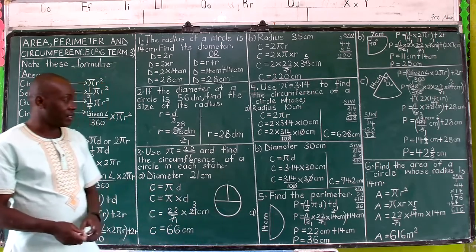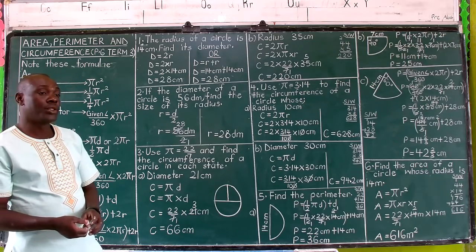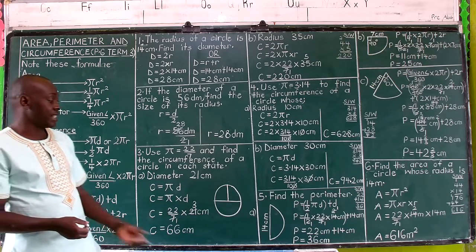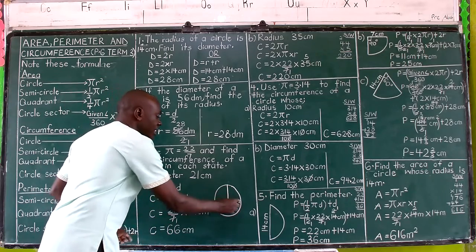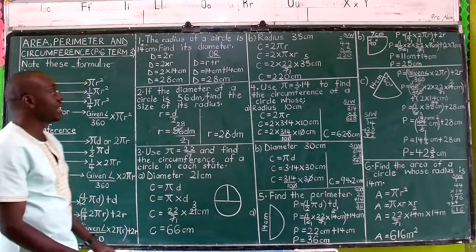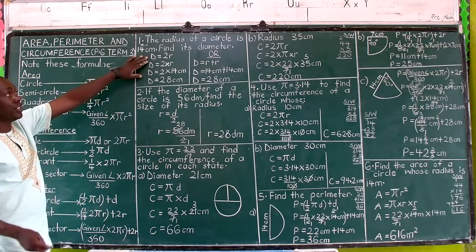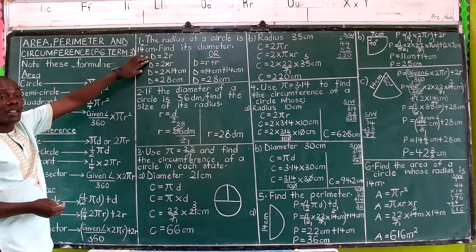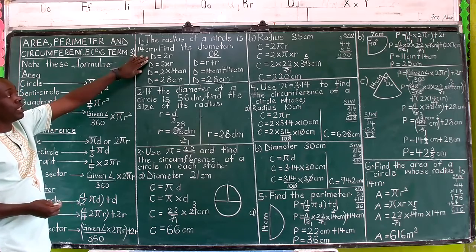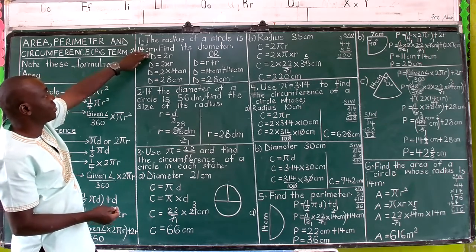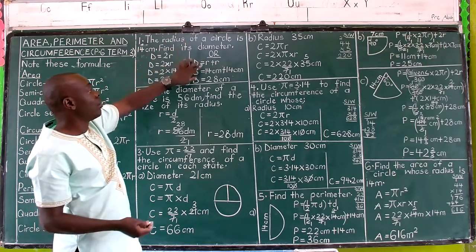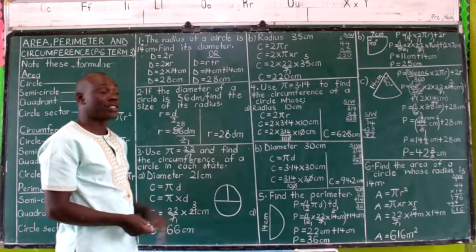Then we note that two radii make diameter. So radius plus radius, you get diameter. So now that two radii make diameter, we use these two formulae to find the diameter. Given radius, you say diameter equals 2 radii, or diameter equals radius plus radius.